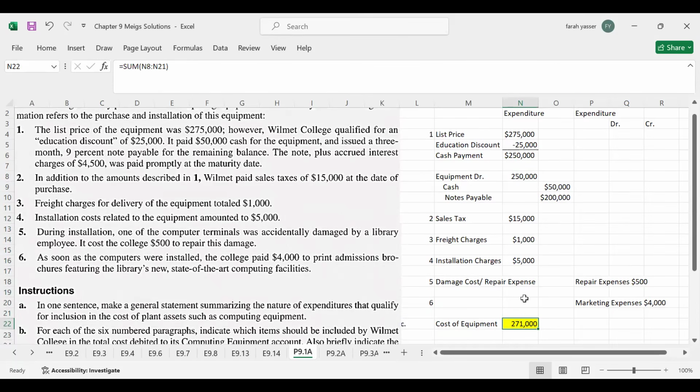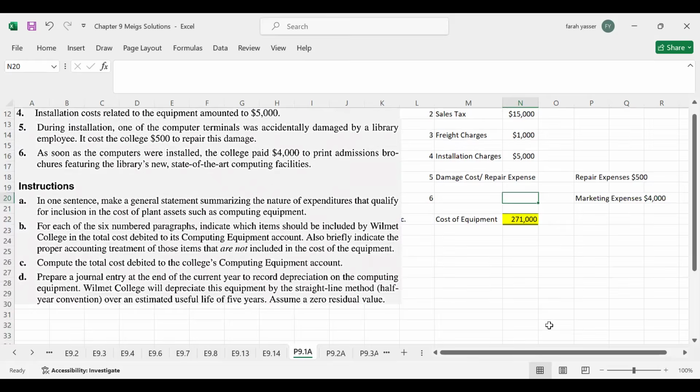This cost includes not only the list price minus any discount, but also all the expenses that are reasonably necessary in order to acquire and place the asset into usable form. So the cost of the equipment is 2,71,000.